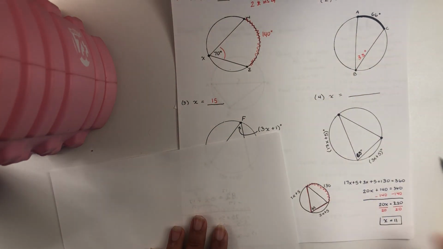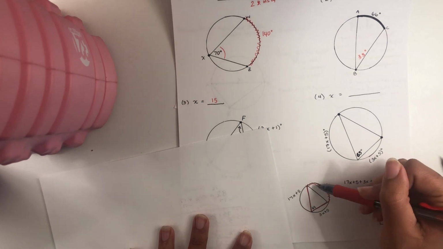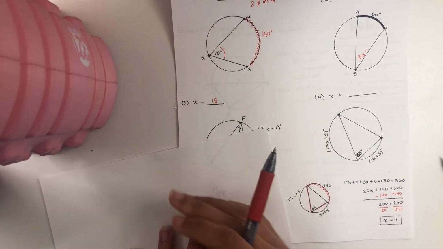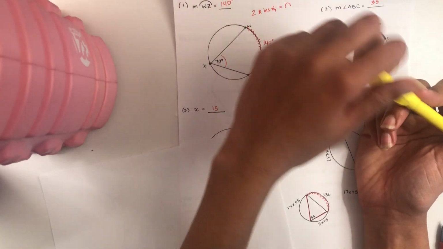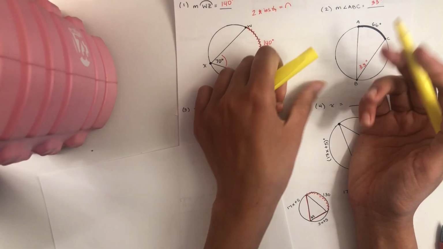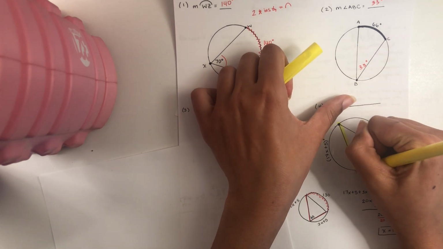And then my solution over here. So I know that these 3 on the outside are gonna add up to 360. So if I look right here, let's look only right here.